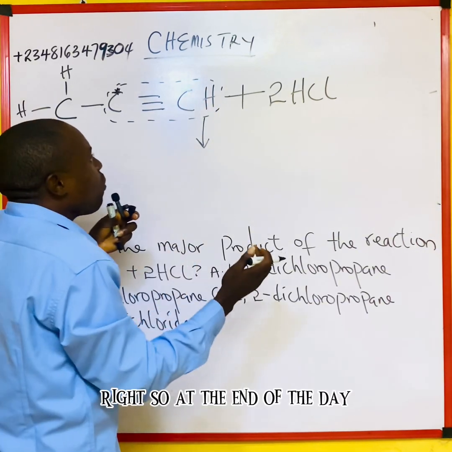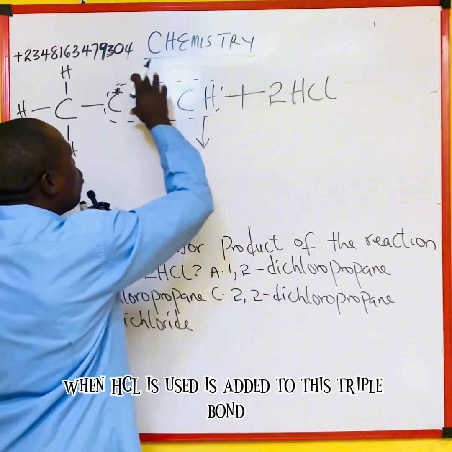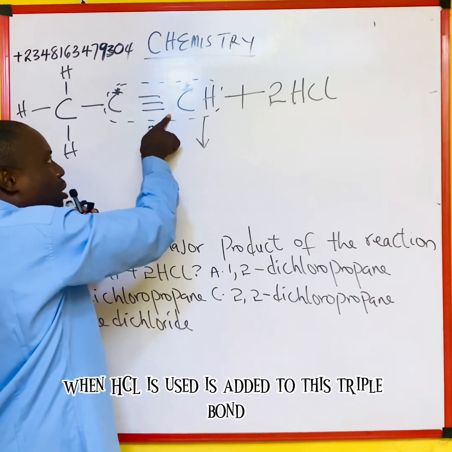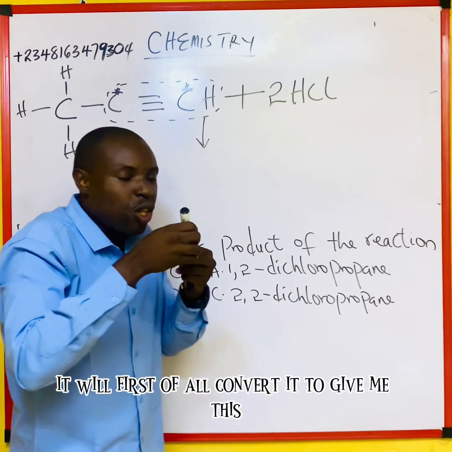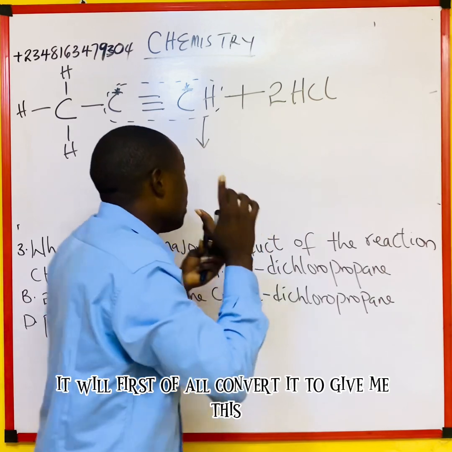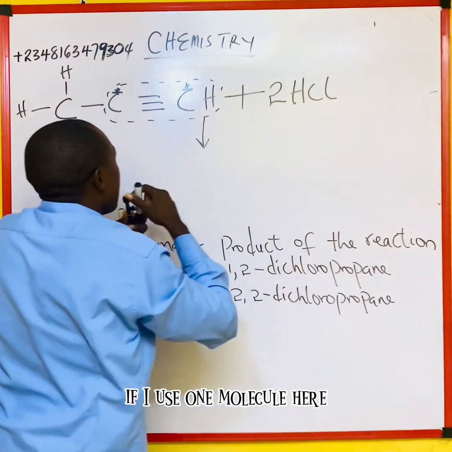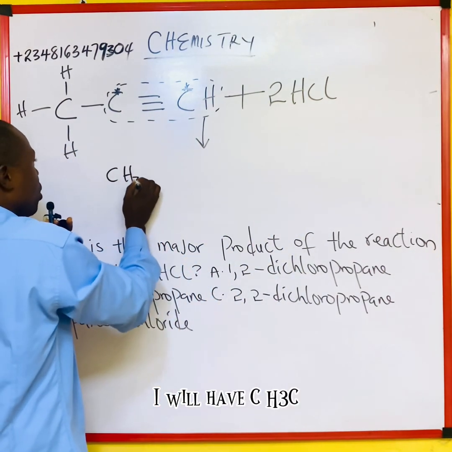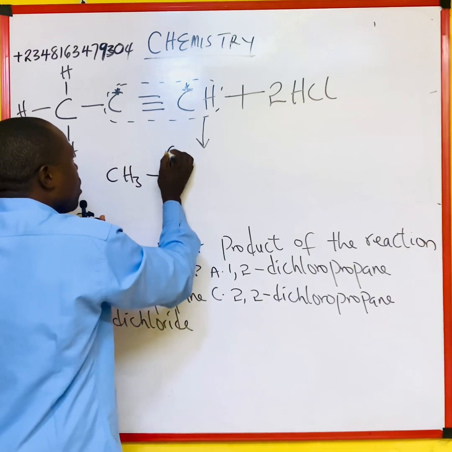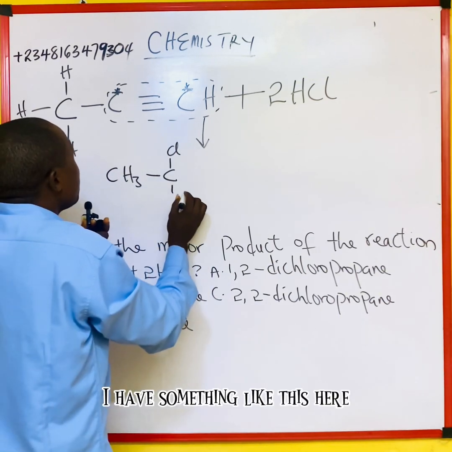At the end of the day, when HCl is added to this triple bond, it will first of all convert it to give me this. If I use one molecule here, I will have CH3, C, having something like this.